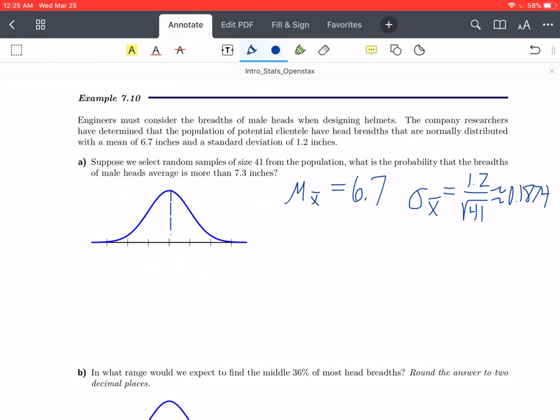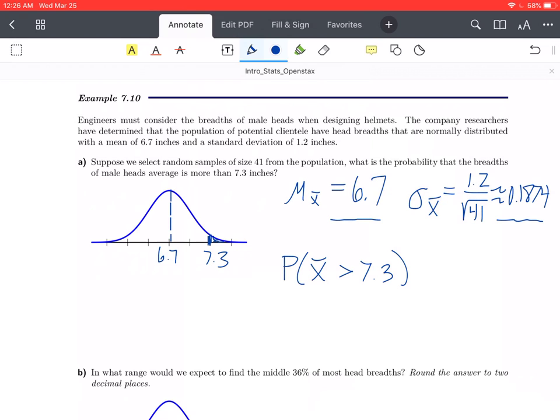So our mean value here in the middle, that is 6.7. We're trying to find the probability that sample mean is more than 7.3 inches. So that's going to be somewhere way up here. That's going to be 7.3, and we're looking at that area above it. So in this case, we take the 6.7, the 0.1874, or take the exact value.